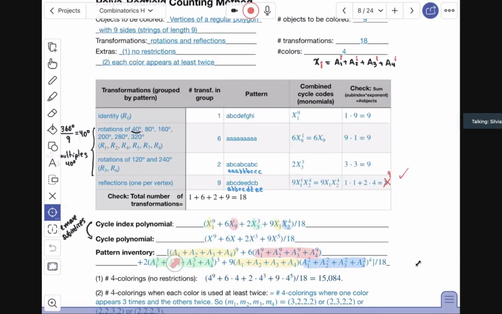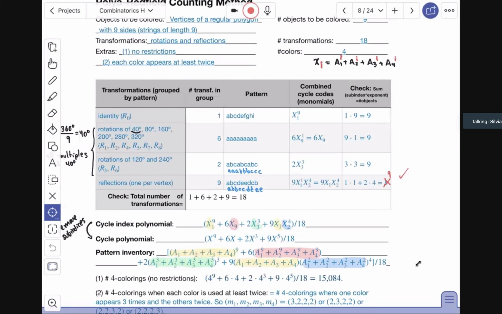If you are going to use the computer to expand it, maybe use W, X, Y, Z instead of A1, A2, A3, A4, and just find the coefficient that you need. But we actually know how to find those coefficients.